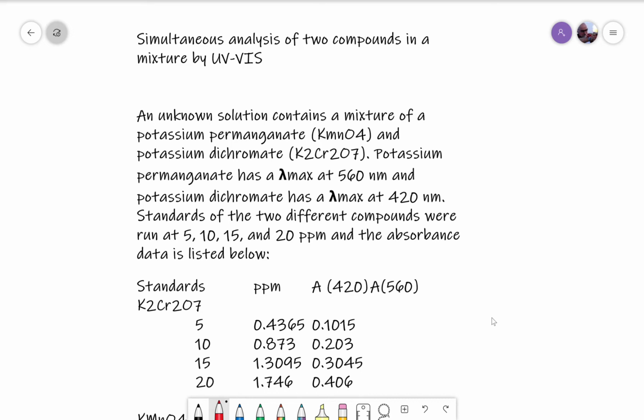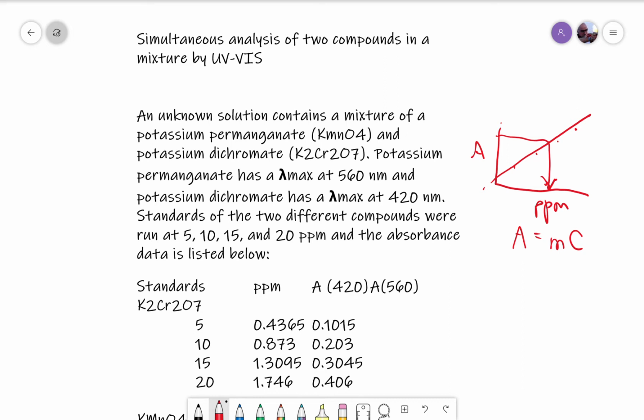Normally, in a Beer's law problem, you only have one absorber, so you simply set up a Beer's law plot with standards of known concentration and measure their absorbance. Then you measure your one unknown, and using A equals the slope of that line times its concentration, solve for the concentration of your unknown.